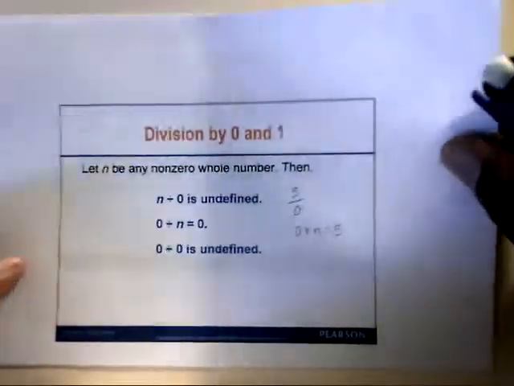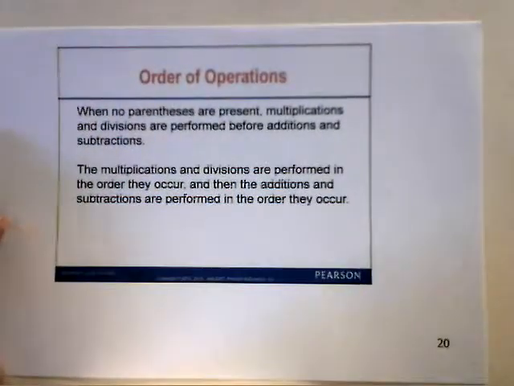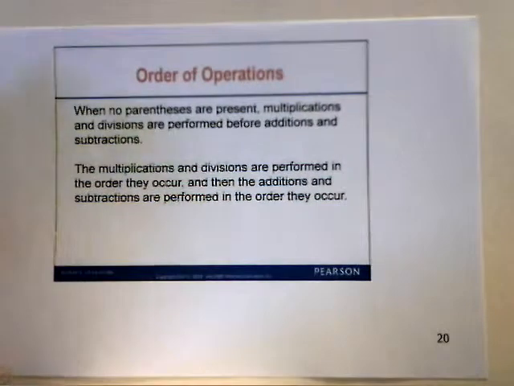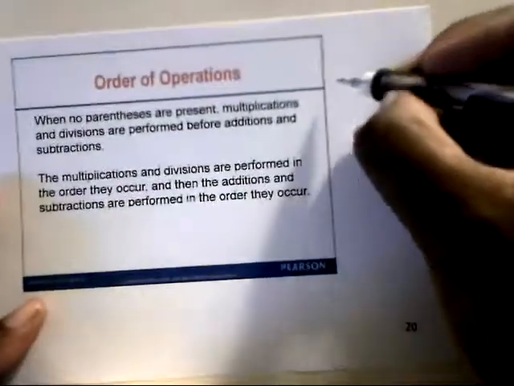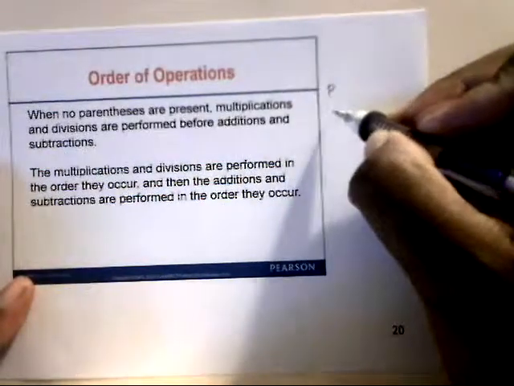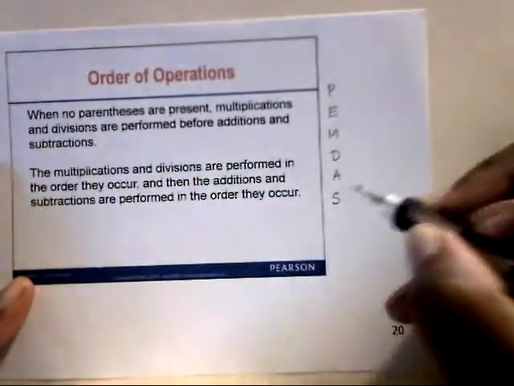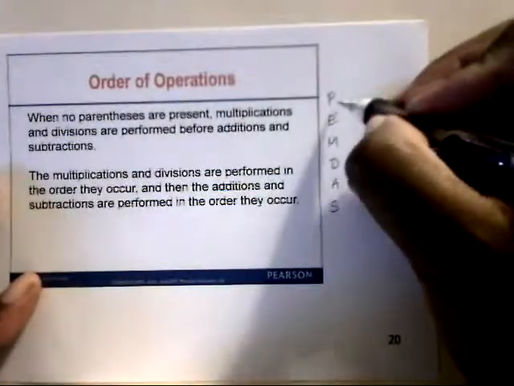Okay. The order of operations is this: when no parentheses are present, multiplications and divisions are performed before additions and subtractions. The multiplications and divisions are performed in the order they occur, and the additions and subtractions are performed in the order they occur. I'm sure some of you remember the ever so popular mnemonic phrase, "Please excuse my dear Aunt Sally," as a way of memorizing the order of operations.